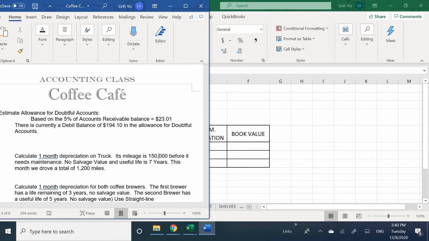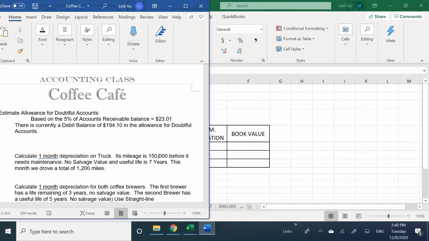Okay. So, what depreciation method are we going to be utilizing for this truck? Units of production. What is it based off of?